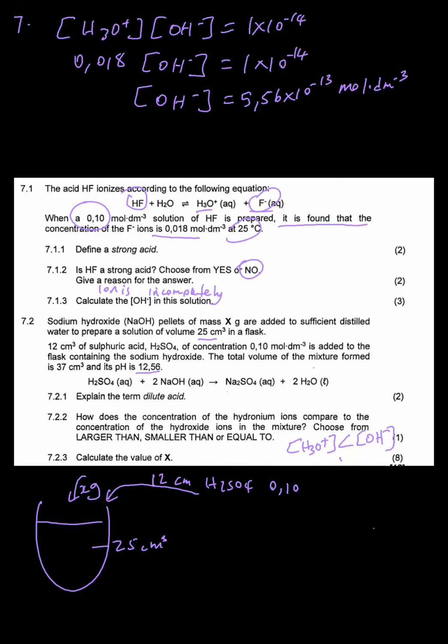But let us use a step-by-step method. Let us first calculate the concentration of H3O plus. So we're going to use pH.